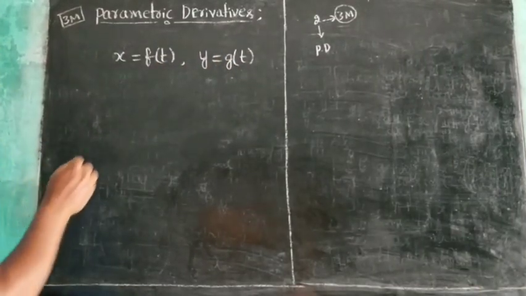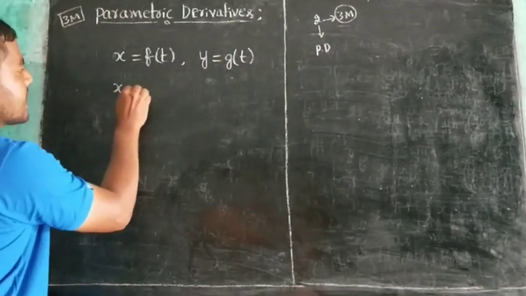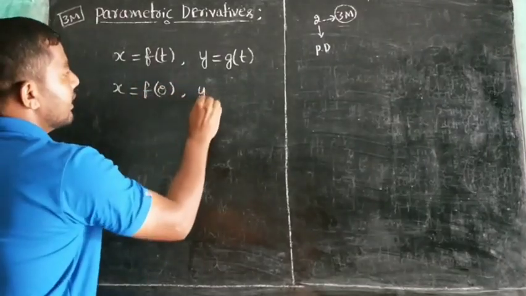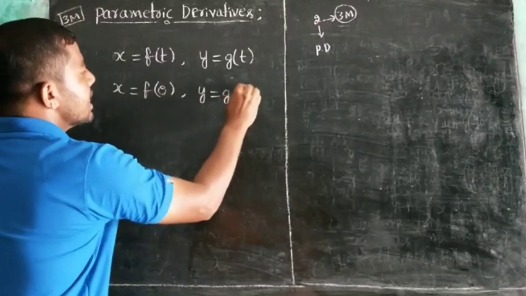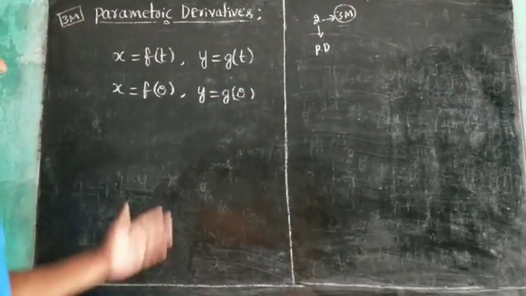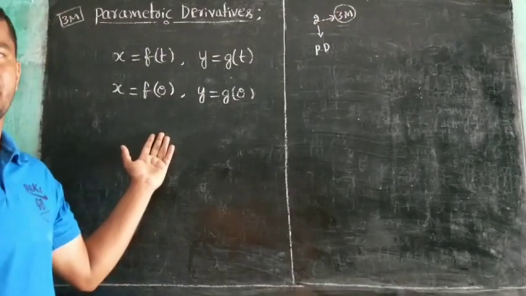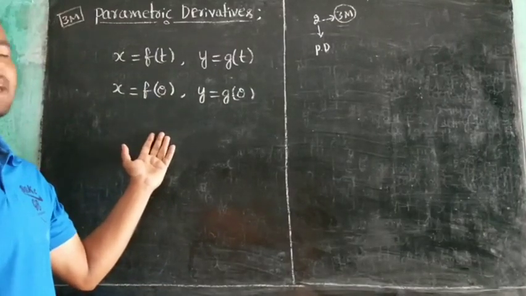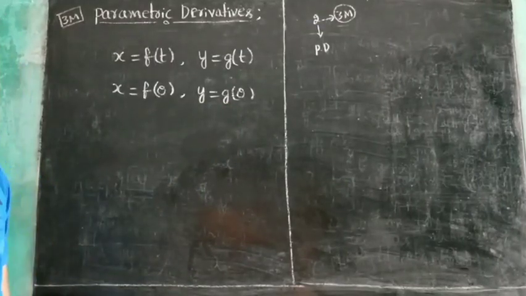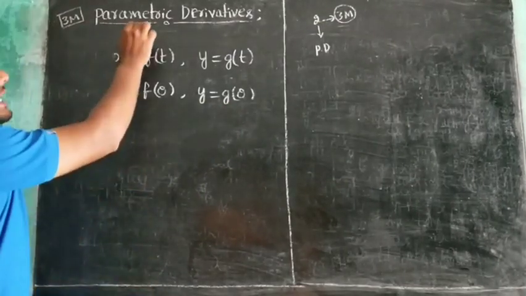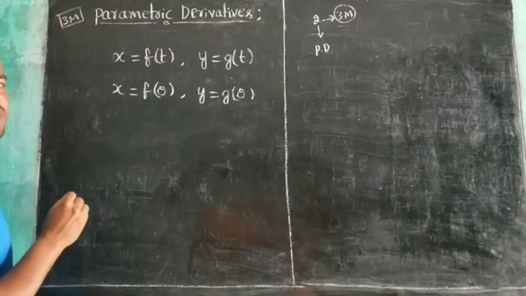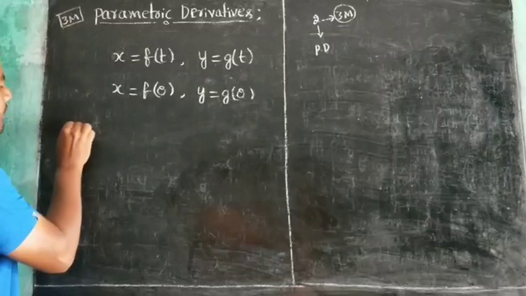In other words, x is equal to f of theta, y is equal to g of theta. These two are parametric equations with the parameter theta.